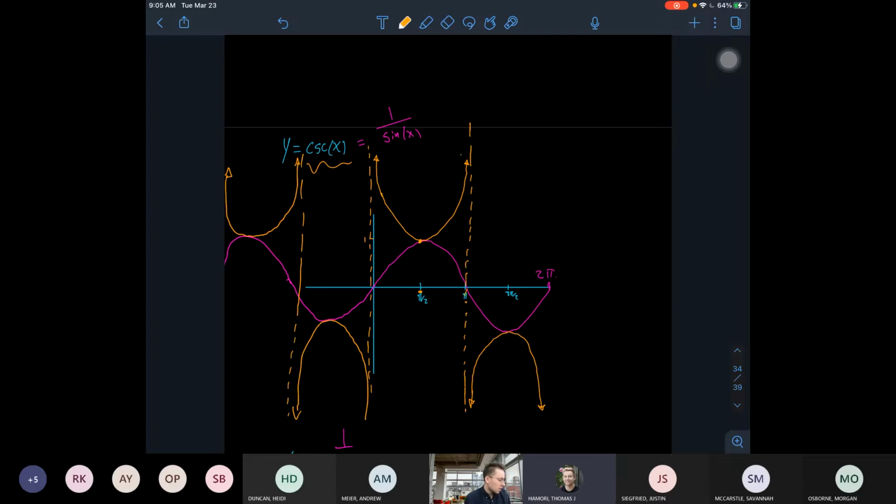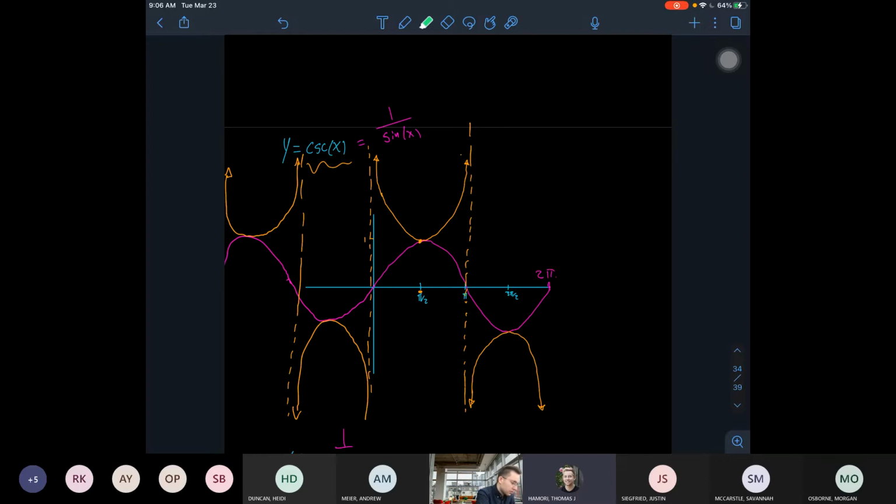So we get these asymptotes every pi units, but it's not a pi periodic function because we can see that although we have an asymptote every pi units, the behavior alternates between each pi region, and we only repeat every 2 pi units.